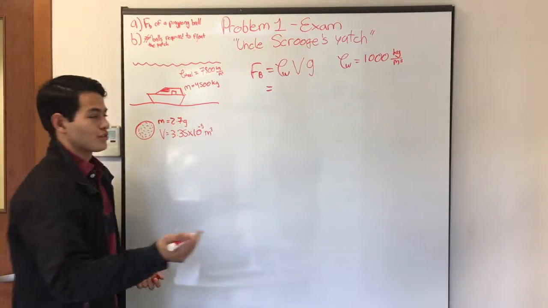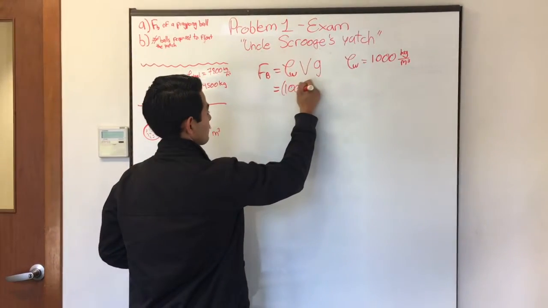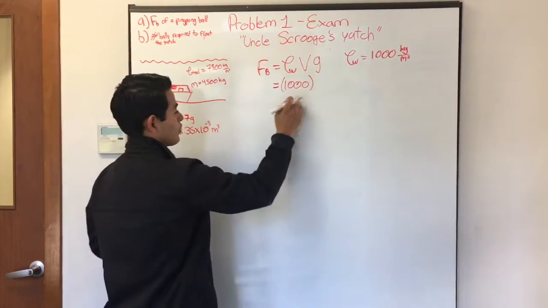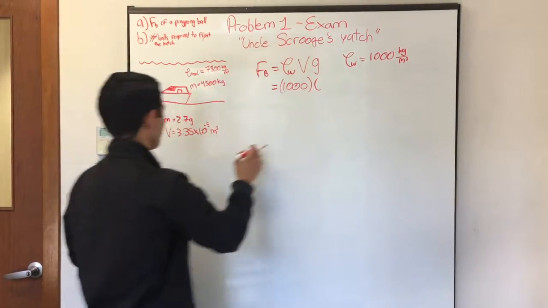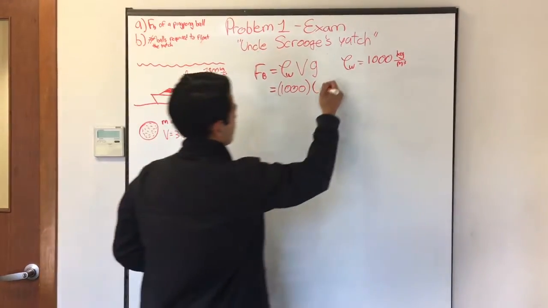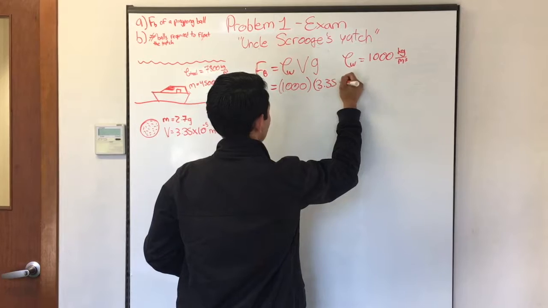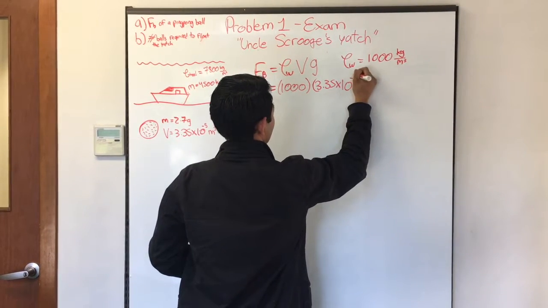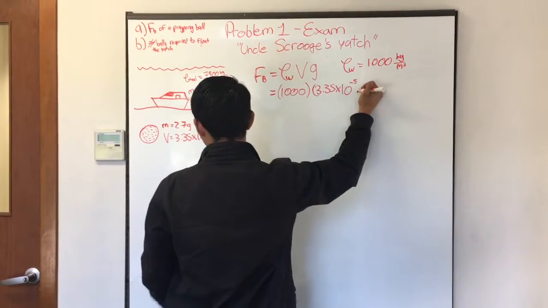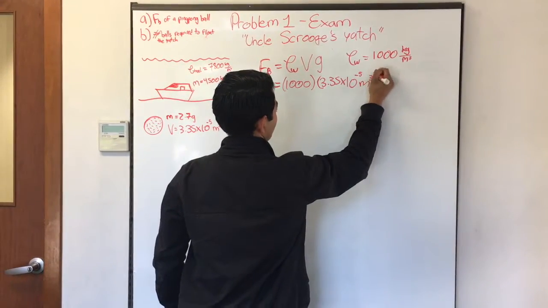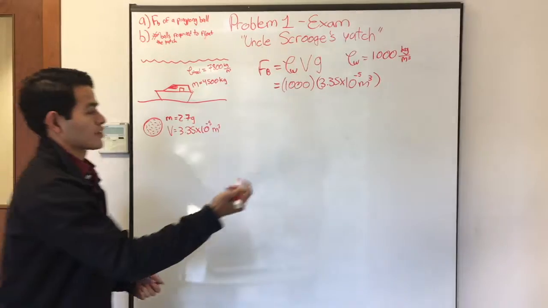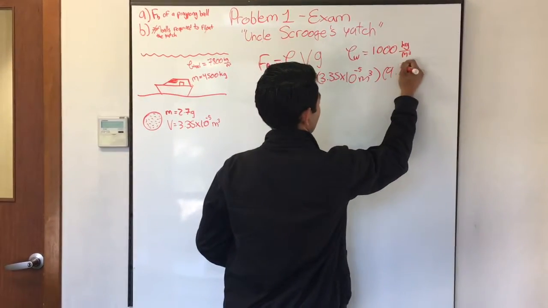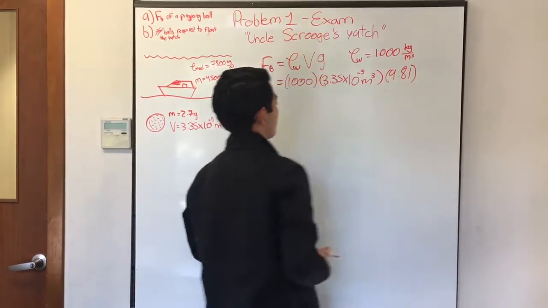So we just need to substitute: 1,000 times the volume, which is 3.35 times 10 to the minus 5th power cubic meters, times gravity, which is 9.81.